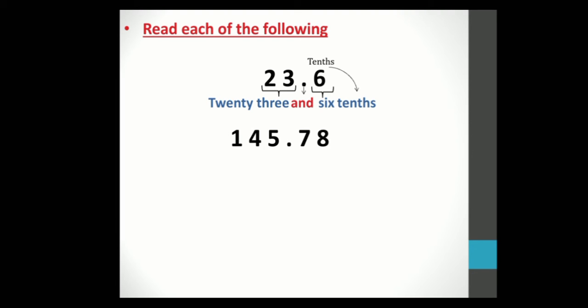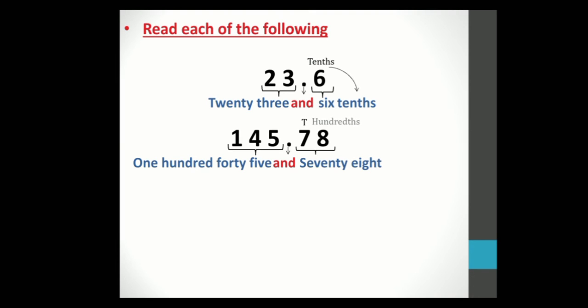Another one. I have 145.78. So first we write 145 and represent the point by "and". And then I write 78. But the last place here is hundredths. Tenths, hundredths. So I put hundredths after the number. So we can read this as 145 and 78 hundredths.